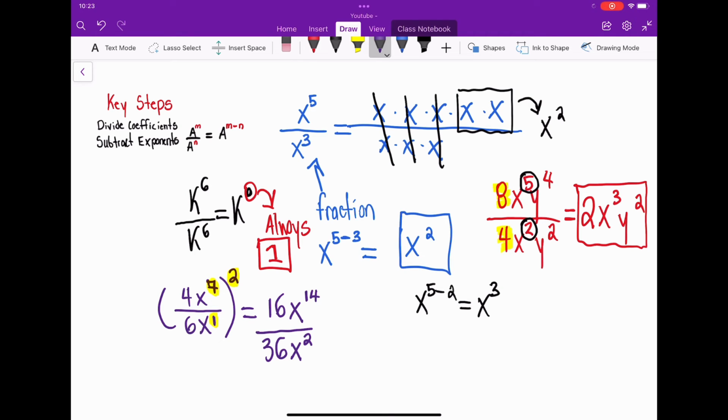So now we're in a regular fraction like we're used to, right? Exactly. So what we're going to want to do, guys, is start off by dividing the coefficients. So when I look at both of these, what number could we reduce both the top and bottom by?